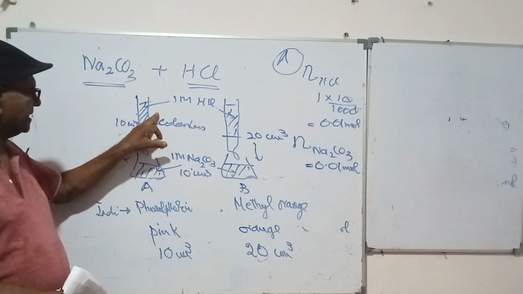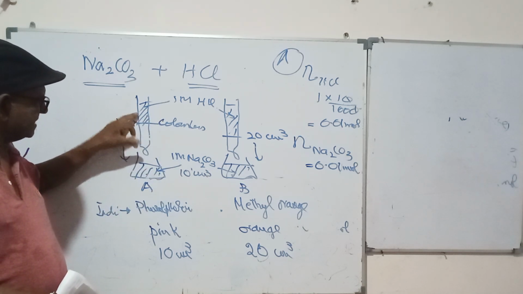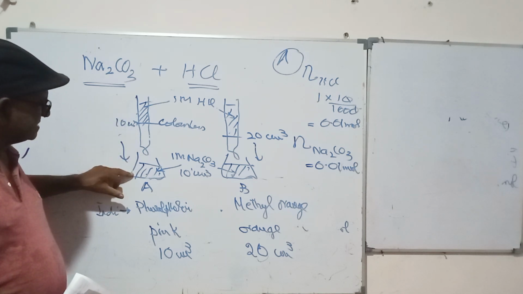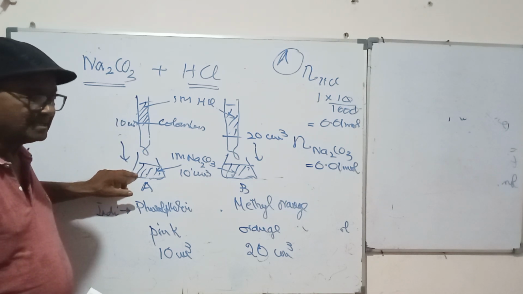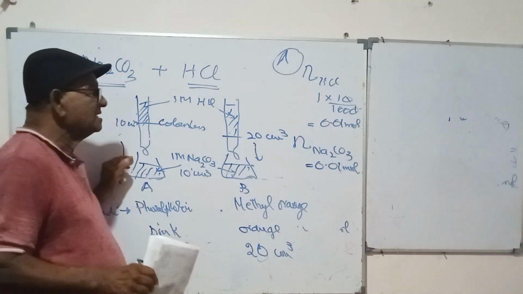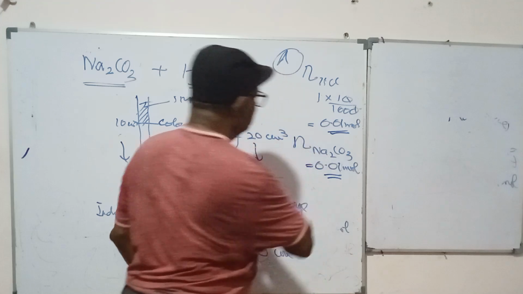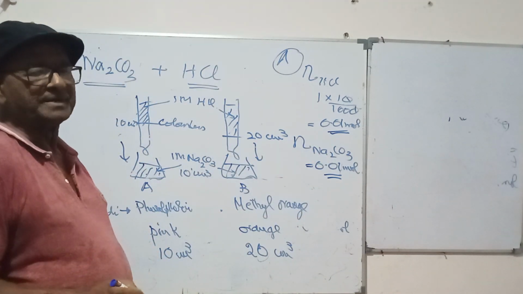The number of moles of HCl and the number of moles of sodium carbonate react with each other, giving the complete reaction. But the reaction occurs in 1:1 ratio.